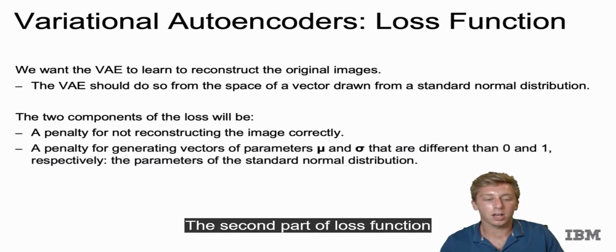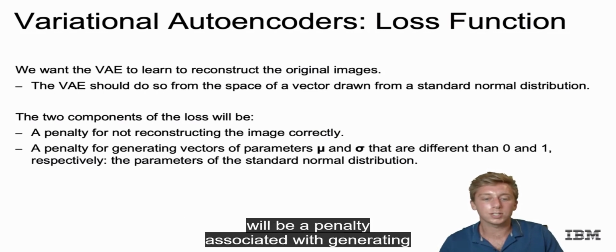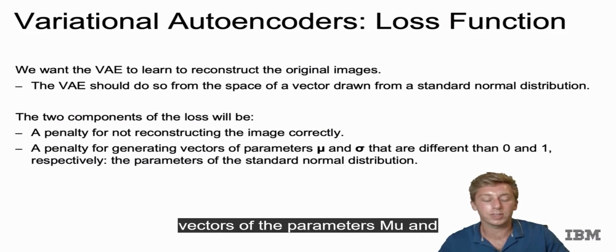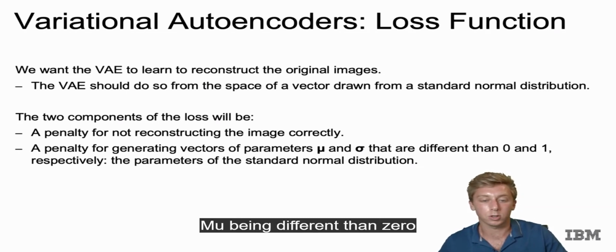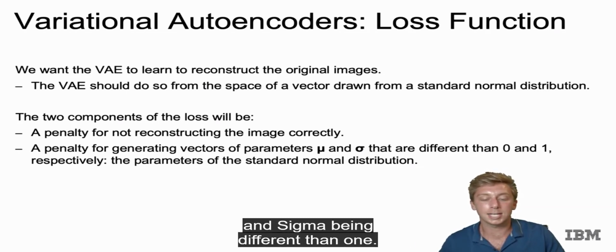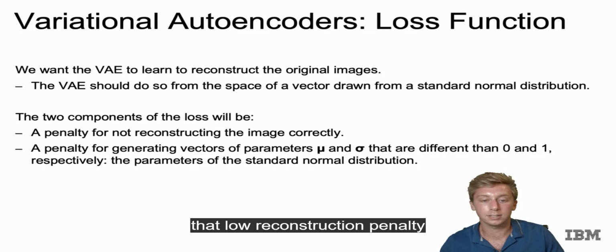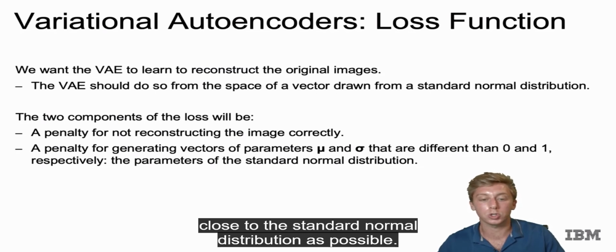The second part of the loss function will be a penalty associated with generating vectors of the parameters mu and sigma that are both different from 0 and 1. So mu being different than 0 and sigma being different than 1. As our goal will be to balance between that low reconstruction penalty, as we did with autoencoders, while keeping our parameters as close to the standard normal distribution as possible.